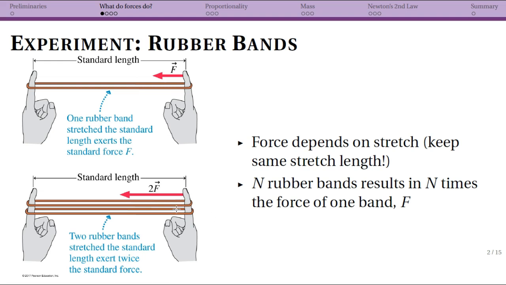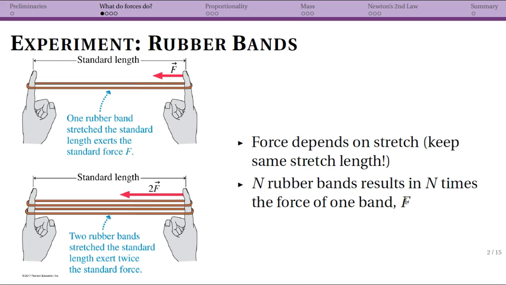Now, our fingers aren't exactly calibrated instruments, so you might not be able to tell that it's exactly twice the force, but we do actually have devices for measuring force, and they would tell you, in fact, it is twice. So, as we keep adding rubber bands, we keep increasing the amount of force. So n rubber bands, where n is, say, 2, or 3, or 100, whatever, is n times the force from one band.